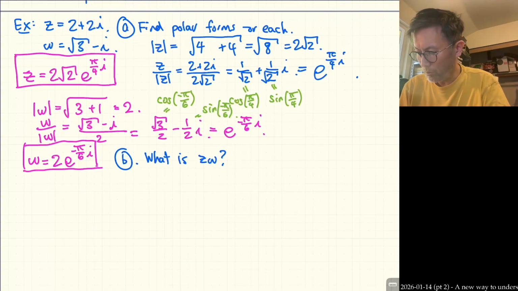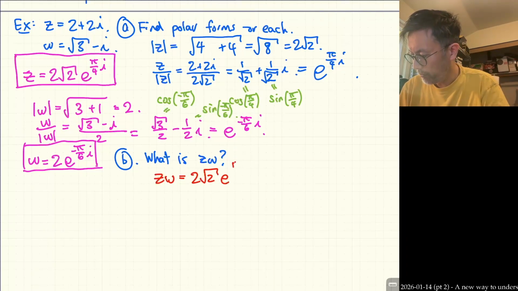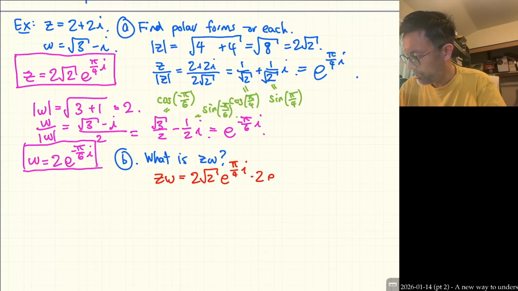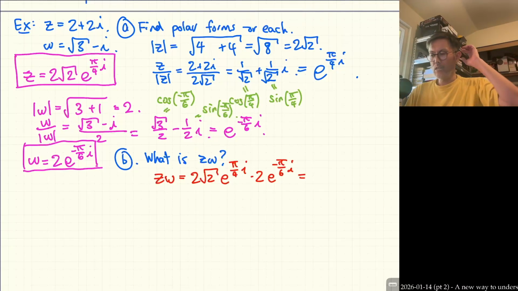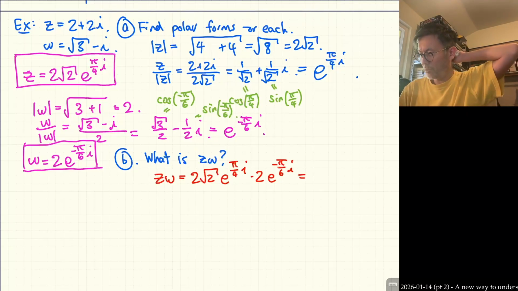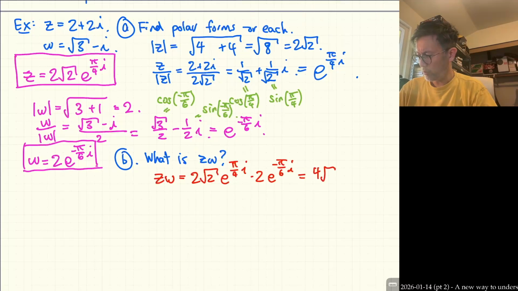z times w is equal to 2 square root of 2 e to the pi over 4 i times 2 times e to the negative pi over 6 i. What this corresponds to is 2 times 2, that's 4 times the square root of 2. And then when we multiply these exponentials together, we just add the angles together.